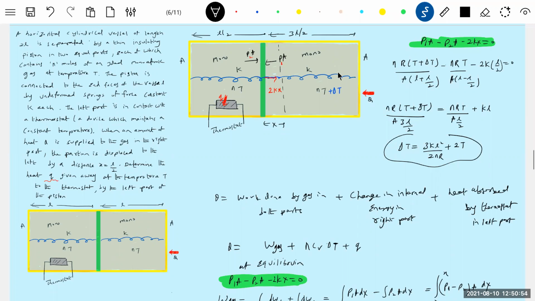Here. Only for this. Okay, only for that it will. 3A, I'll write it.